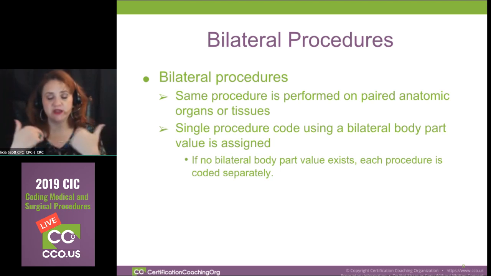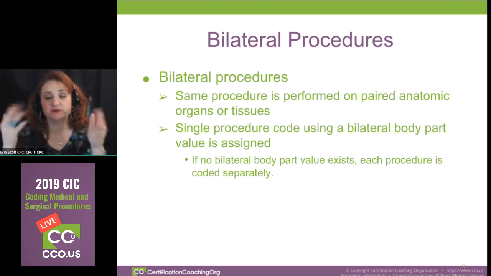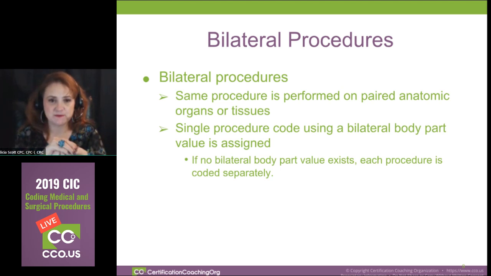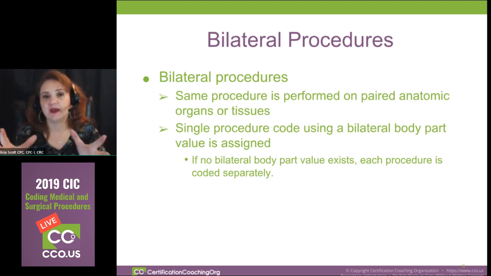Now, for the most part, we understand bilaterality in the body. We have 2 lungs, 2 eyes, 2 ears, 2 knees, 2 hands, 2 feet, 2 upper extremities, 2 lower extremities, and things like that. If we are going to do the same procedure bilaterally, then how do we code that?